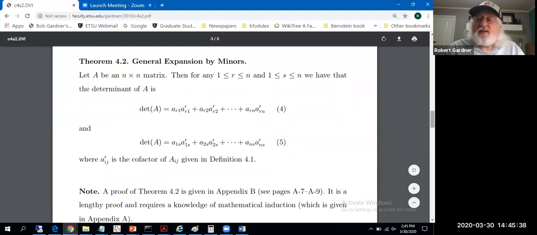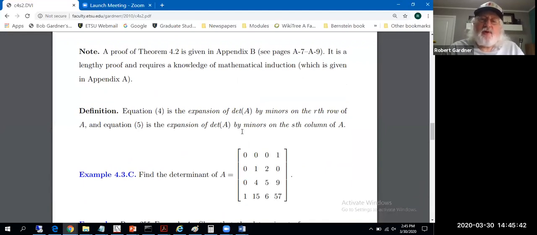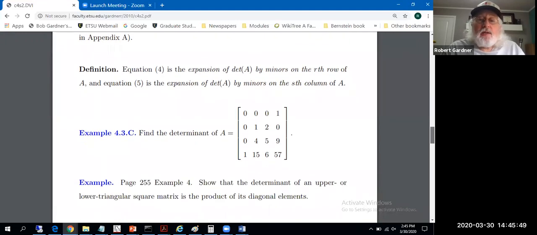Here, we've taken an expansion along the sth column, the expansion of the determinant of A by minors on the sth column. So with that in mind, let's take a determinant of this matrix.